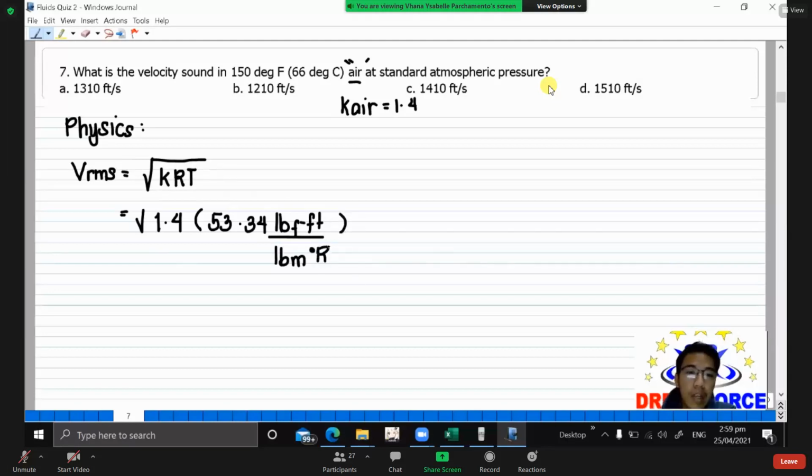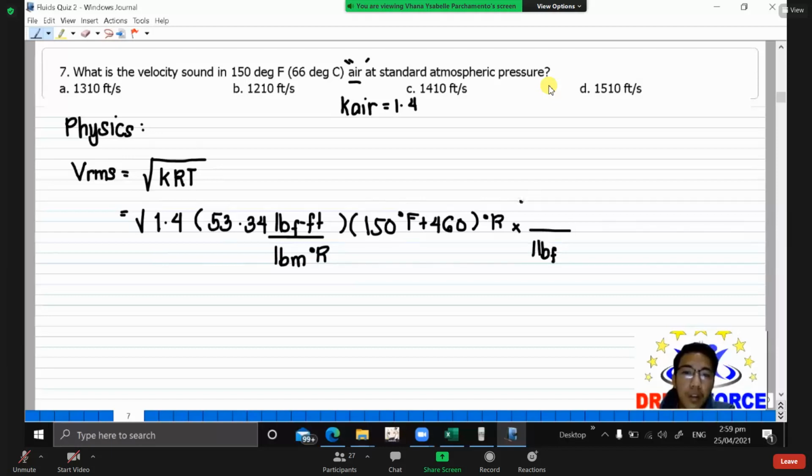Di ba sabi ko kanina yung T dapat dito is naka-Kelvin? Kung naka-Rankine ka dito, dapat naka-Rankine yung temperature mo. Temperature, that is 150 degrees Fahrenheit, so plus 460 para maging Rankine. Pwede na ba? So, hindi pa pwede, hindi ka pa makakabuo dito ng feet per second. So, i-convert natin. Conversion.